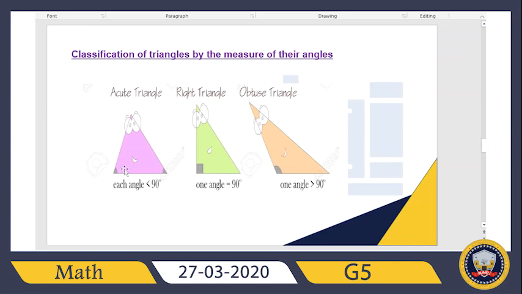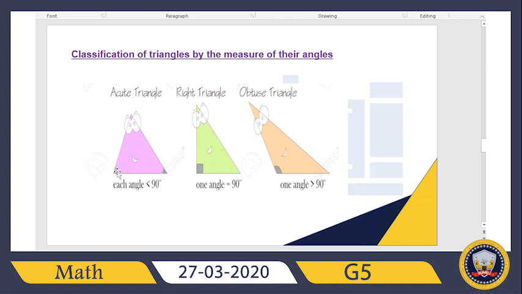As we know previously, between two lines, this is a straight line and this is a straight line, we call this small part an angle. The angle is inside two lines meeting at one point.